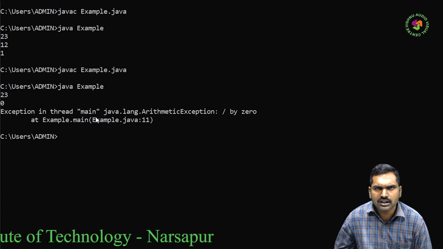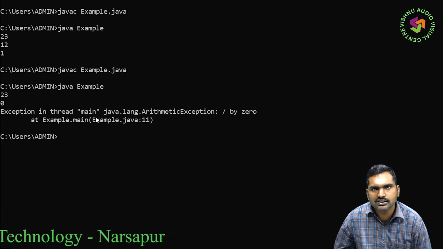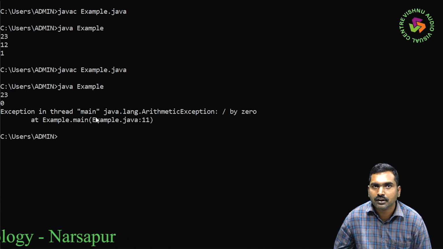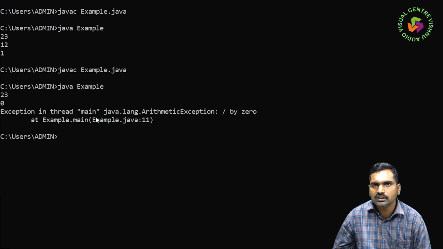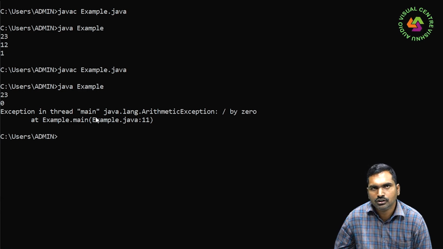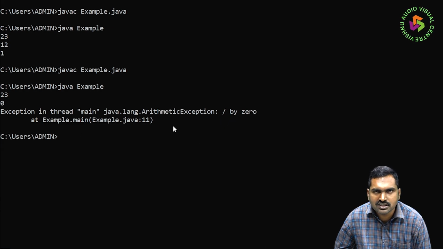As we are Java developers, we are able to understand this type of error. But the end user or any client is unable to understand this type of statement. So now we need to convert these system error messages into user friendly messages.